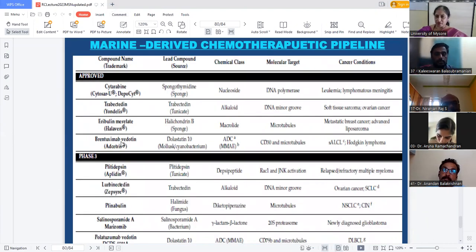So we have 4 approved drugs, of which cytarabine from the sponge tops the list. So we have the targets and the cancer conditions which the drugs treat. Then you have trabectedin from a tunicate, then halichondrin B from the sponge, then dolastatin again from the sea hare.